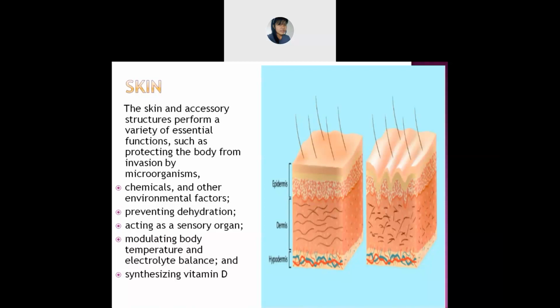The skin helps us in maintaining the temperature, hot and cold, the electrolyte balance. Next is synthesizing vitamin D, which is good for you. The skin also helps us in regulating that. Is it clear?